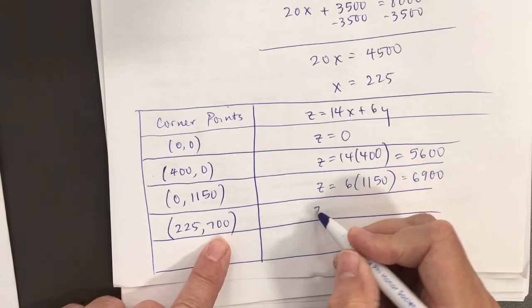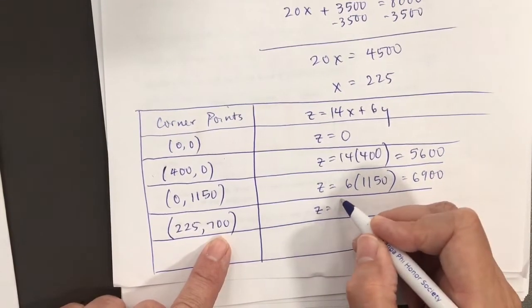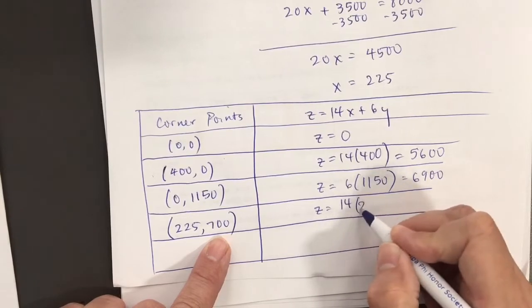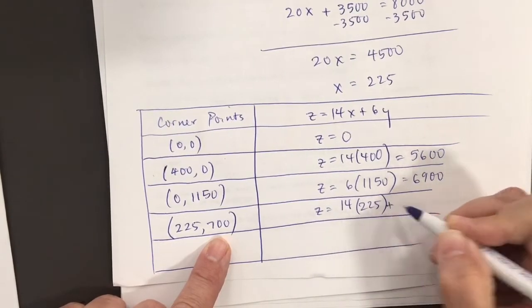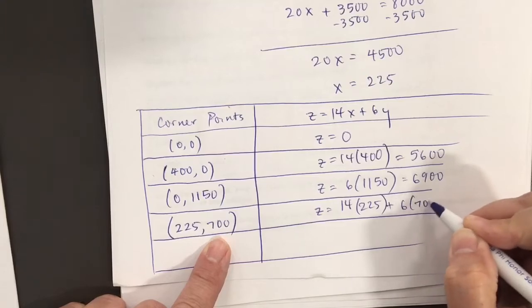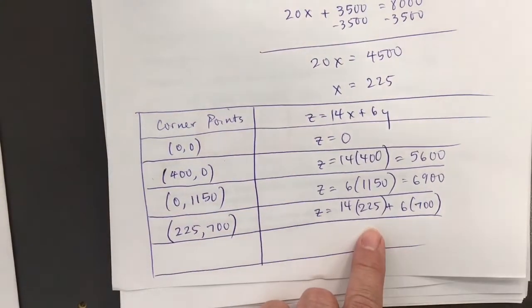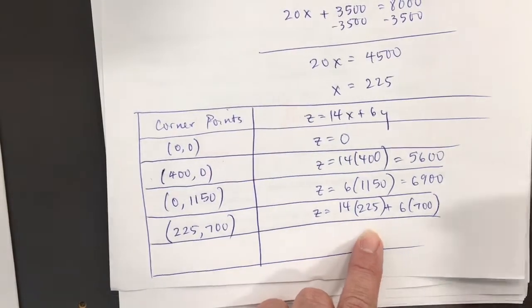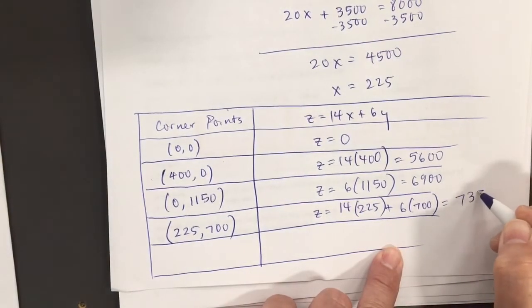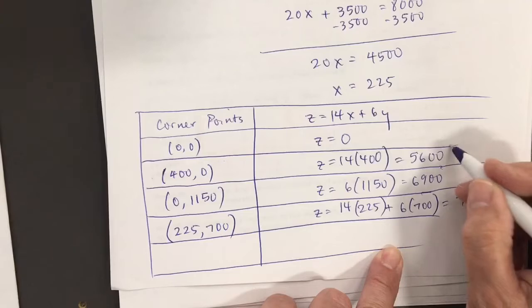The last corner point, this would be 14 times 225 plus 6 times 700. Let's see what that is real quick. 14 times 225 plus 6 times 700 is 7,350.